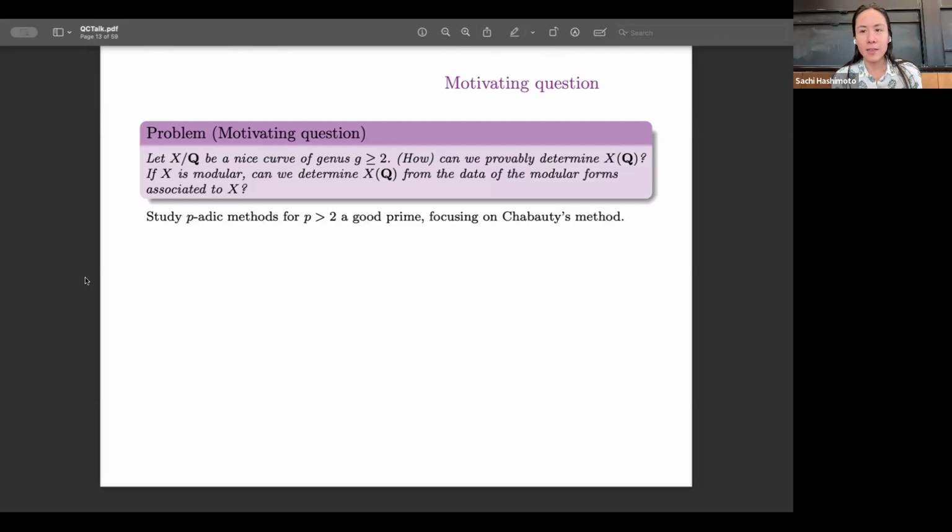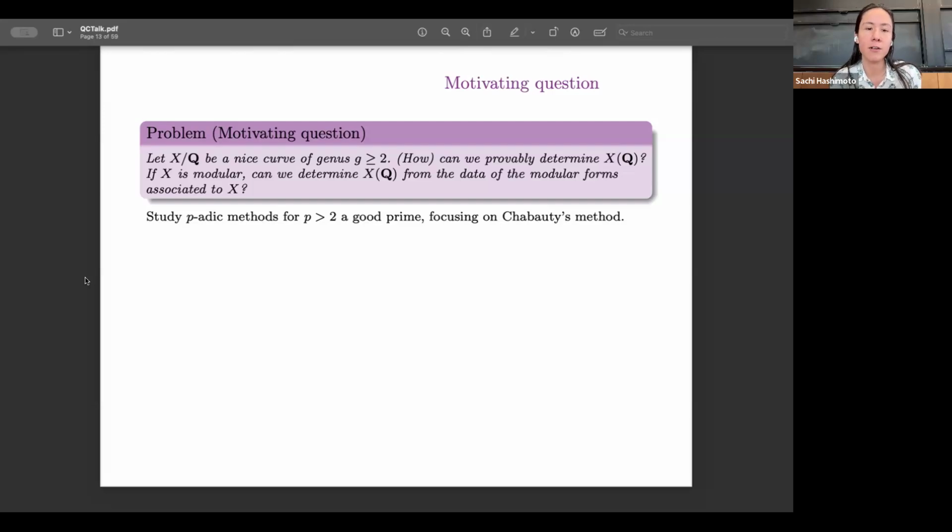I'd like to move away from taking an explicit equation for X and determining the rational points from that equation, and instead ask: if I have a modular curve, is it possible to use number theoretic information about the modular forms to get our rational points? And of course, the theme of this whole series is to study p-adic methods.